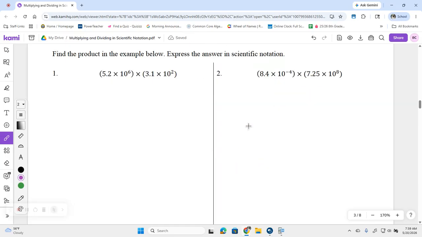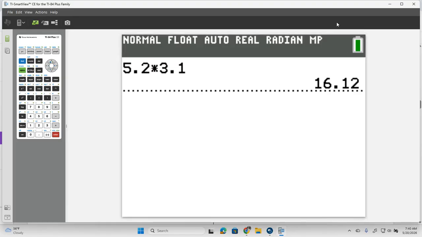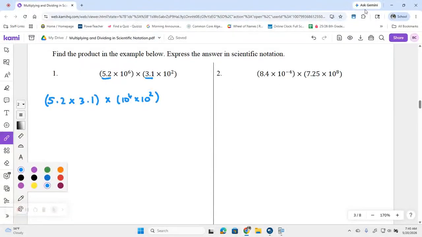All right, so let's look at a couple more examples here. 5.2 times 10 to the 6th multiplied by 3.1 times 10 to the 2nd. I'm going to multiply 5.2 and 3.1, and we're going to multiply 10 to the 6th by 10 to the 2nd. 5.2 times 3.1, we get 16.12.